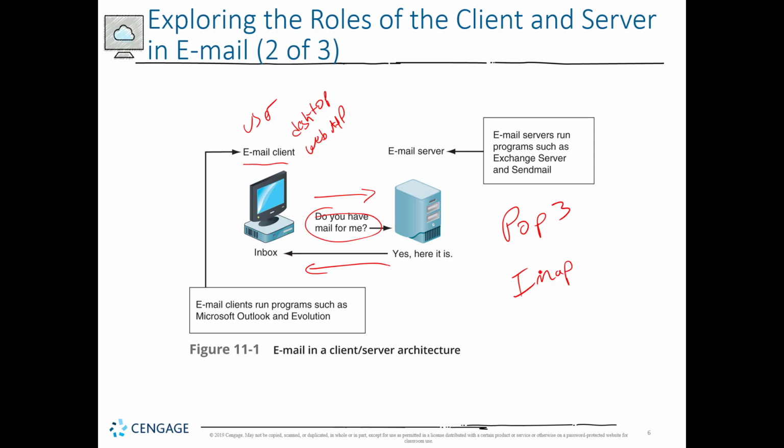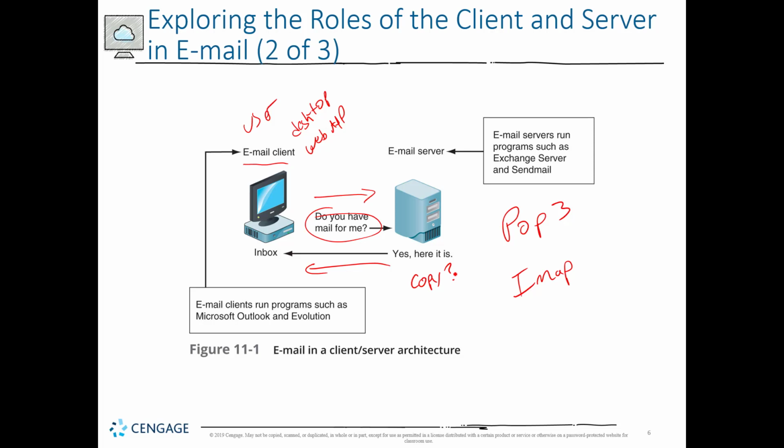But the big thing here is when we retrieve the email, do we keep a copy on the server, or do we move it to our local device? And if we have multiple devices calling out to that email server, we may want to leave a copy on the server.